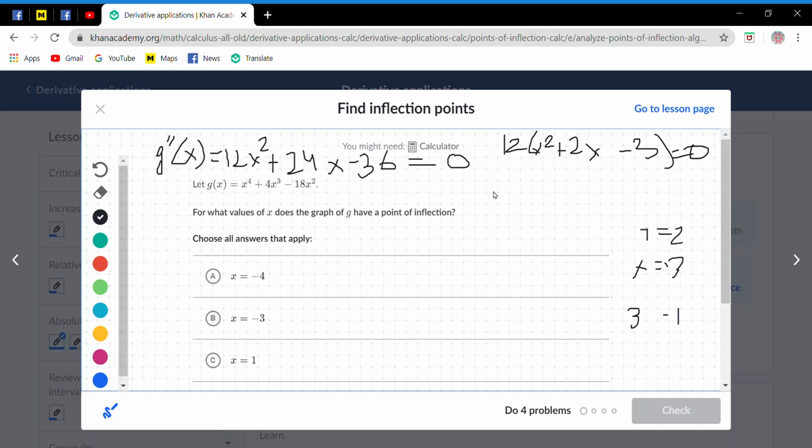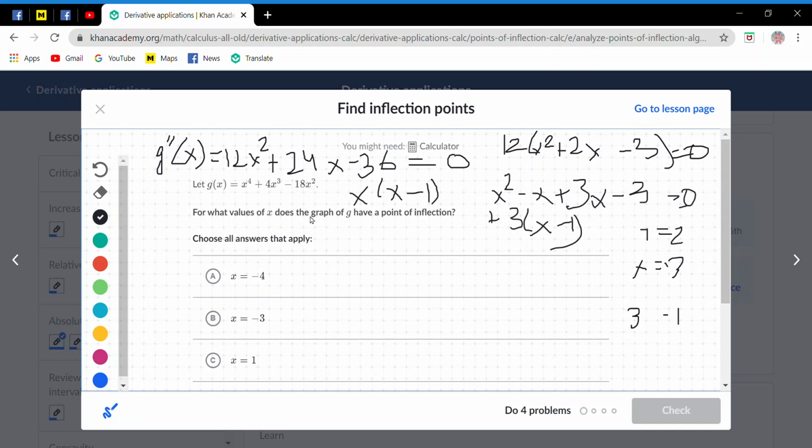So this becomes x squared minus x plus 3x minus 3 equals 0. Let's factor out an x times x minus 1 plus 3 times x minus 1.